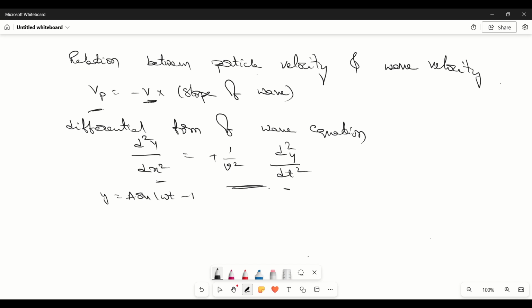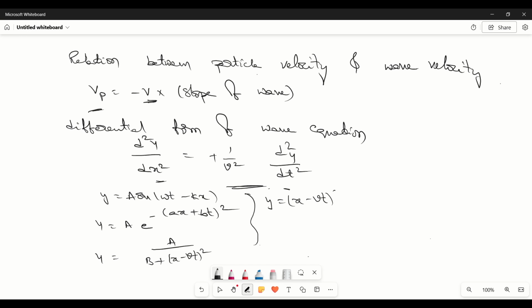In this way we can consider any type of equation, or y equal to (x minus vt) whole square, or y equal to under root of x minus vt, or y equal to a into e to the power of minus b into (x minus vt) whole square. So these are the different forms of wave equations in the case of mechanical waves.